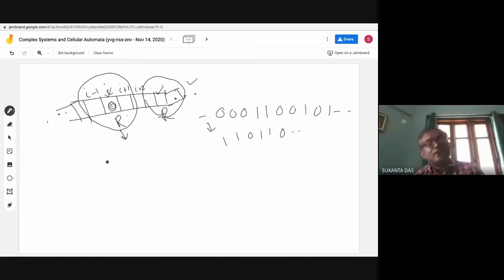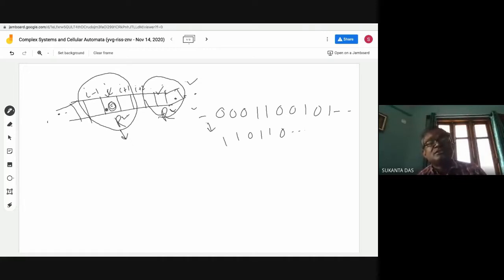Now here we argue two things. First one is uniformity. See, although I am seeing all are using the same rules and we are saying it's uniformity, apart from that uniformity, you can find uniformity everywhere.